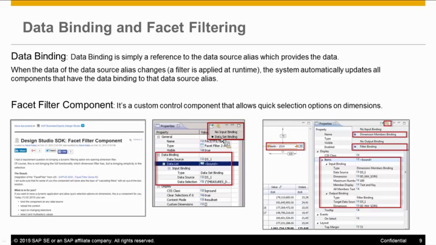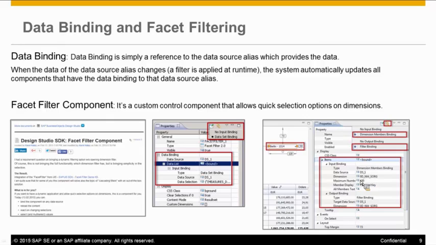Since this is a custom filter, we just have the data set binding option. But if you are using the basic components which are delivered with the product, then usually you will see the dimension member binding and filter binding. You have to mention the input binding, that is the data source, and assign a data source.